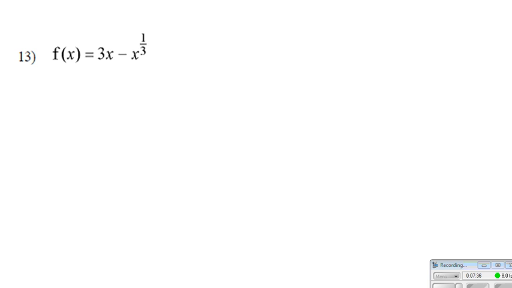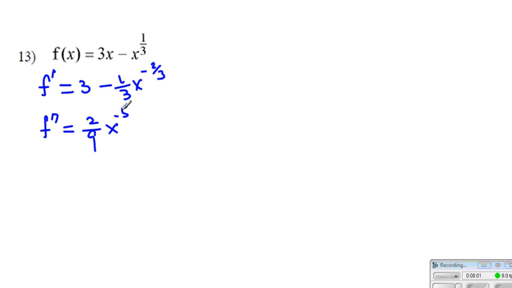Now let's look at the second question. This is also a great question, because once you take the first derivative, this becomes 3 minus 1/3 x to the negative 2/3 power. Now the second derivative, here it becomes 0, and then here now becomes 2 over 9, and then x to the negative 5/3 power.